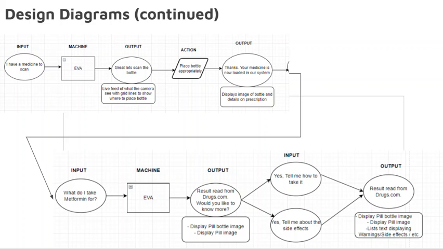So it would start with the user scanning their medicine bottle, and once the user properly places the bottle, the machine will be able to take a photo and store the image and grab text from the label to gather information on the user, like how many pills they have left, when their prescription needs refilled, what the specific medicine is. So that way, when they ask for information on the drug, they'll be able to display the pill bottle image and the pill image.